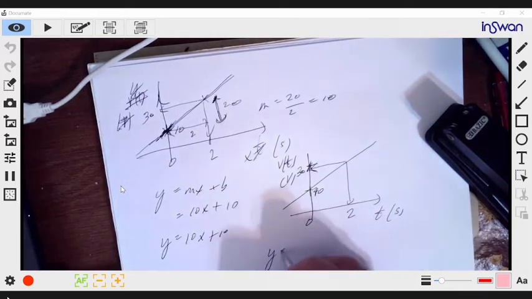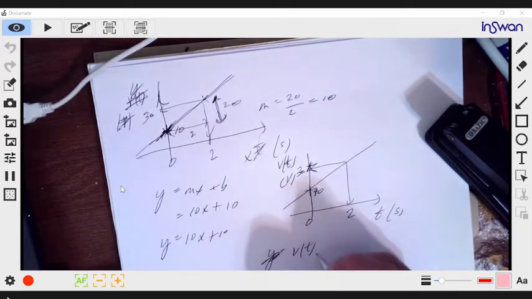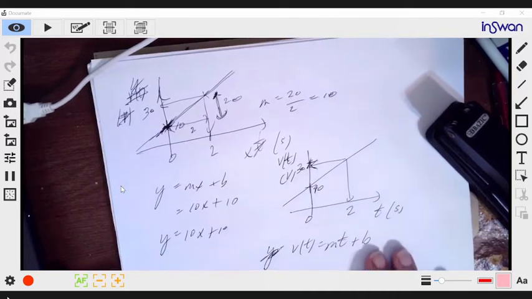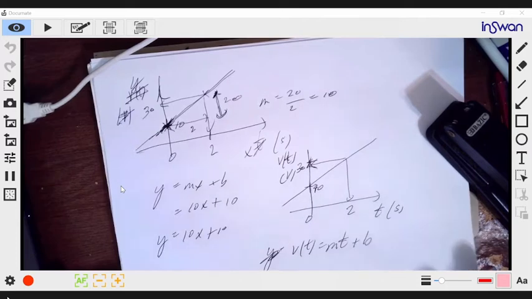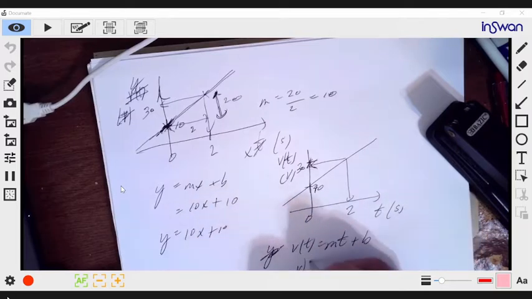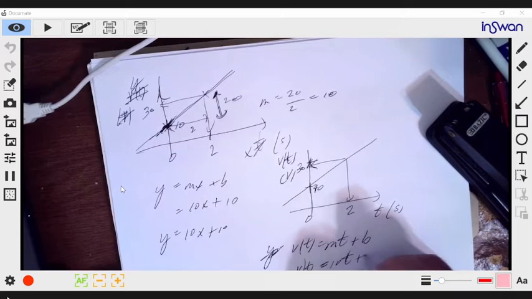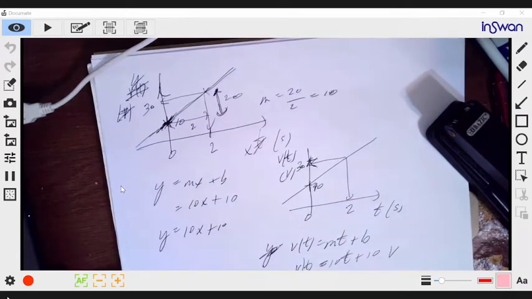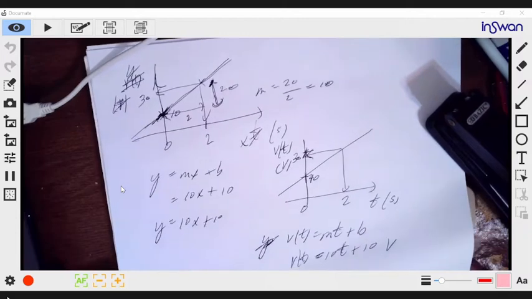So v of t equals mt plus b. Where we have x, you put t. Where we have y, you put v of t. So v of t equals 10t plus 10 volts. The voltage is a straight line.